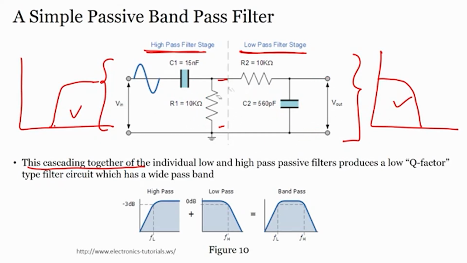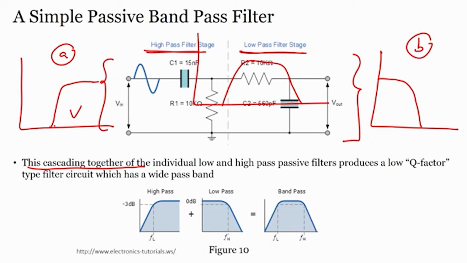If I join plot A of high pass filter and plot B of the low pass filter, I will have a plot which looks like this, right, which is my plot C. So, this is what is shown here. You see high pass A, low pass B, we integrate it, we join it, becomes C, which is band pass. This is what we are doing here, right.